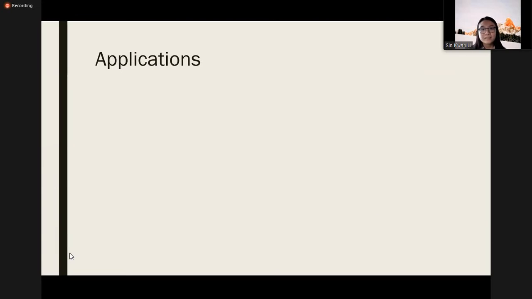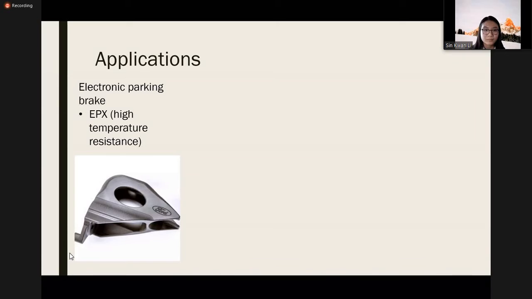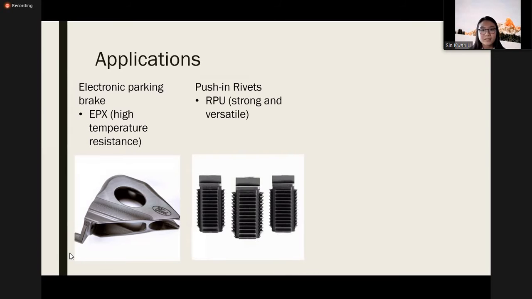So DLS 3D printing can be applied to quite a number of areas, from automotive to the fashion industry, depending on the material used. Epoxy has high temperature resistance, so it can be used to make parking brake brackets.